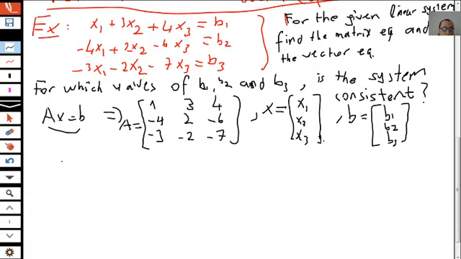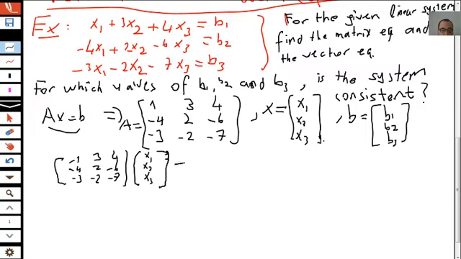So this is the matrix equation of the system. Namely, we can write this system as the matrix with rows 1, minus 4, minus 3; 3, 2, minus 2; 4, minus 6, minus 7, times x1, x2 and x3, is equal to b1, b2, b3. 3 by 3 times 3 by 1, by cancelling the common number 3, you obtain 3 by 1, as you can see.